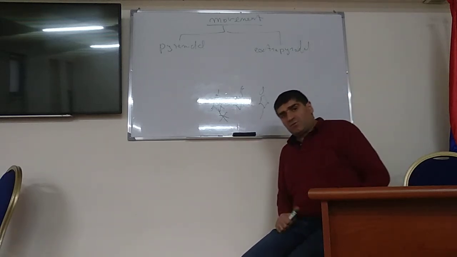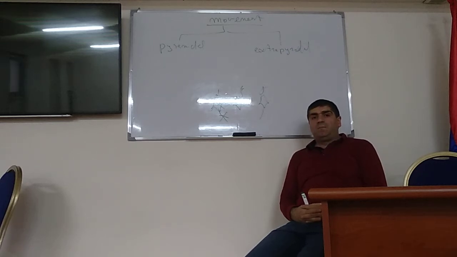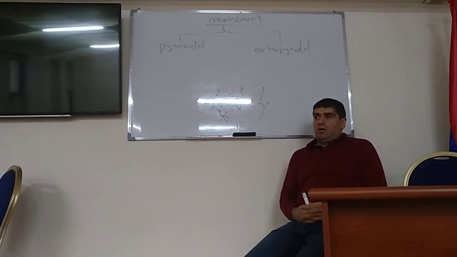What about the central type? In the central type, this is a little bit harder, and in the next lecture we will discuss the evolutionary development of the nervous system, because it is important to understand the types of extrapyramidal pathology.